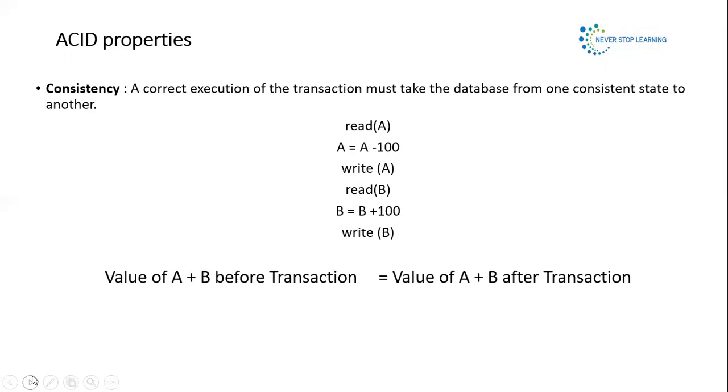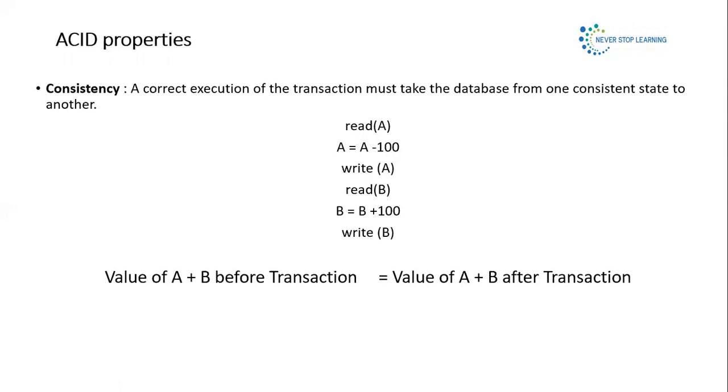If it is debited from my account, the same amount should get credited to the other person's account. So the sum of the value of account A and account B before the transaction should be equal to the sum of the value of account A and account B after the transaction. Then we are saying it is in a consistent state.